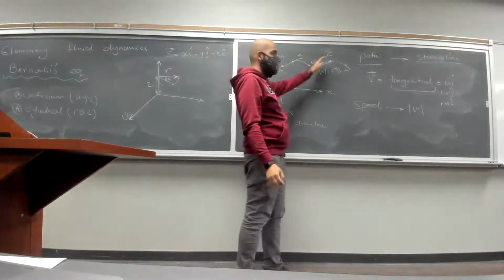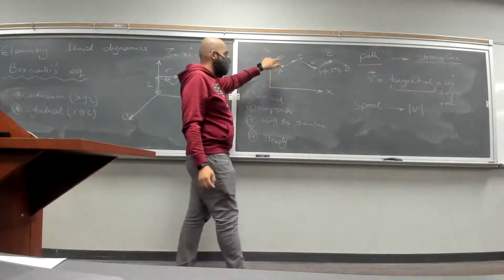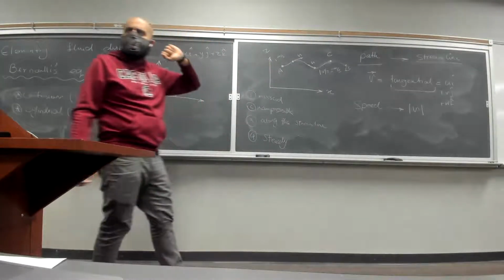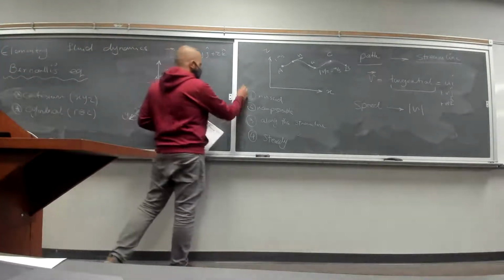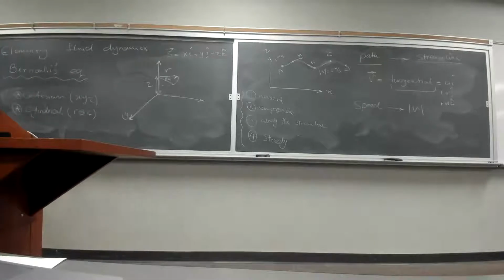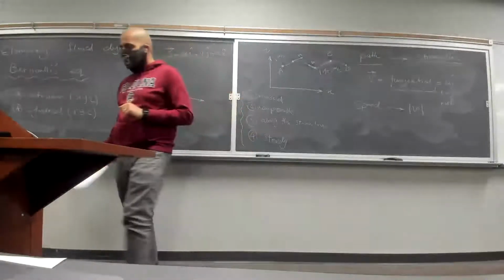So the velocity can change along the streamline, but the velocity at each point won't change with time. Okay? So 4 main assumptions here to find the equation of motion. So we are looking for the equation of motion for a fluid that has these conditions.